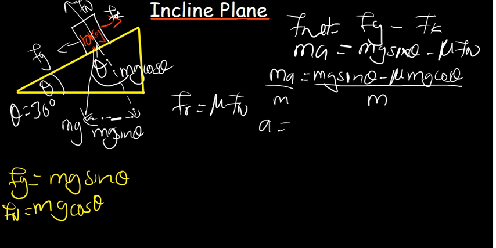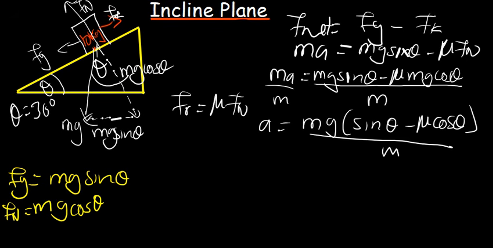So I can say mg, then open brackets, sin theta minus mu cos theta, divided by m. M is the same, we can cancel them out. So therefore our acceleration is going to be g times sin theta minus mu cos theta.